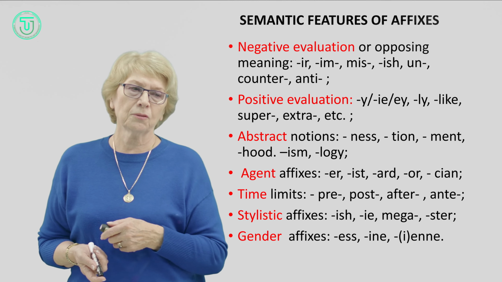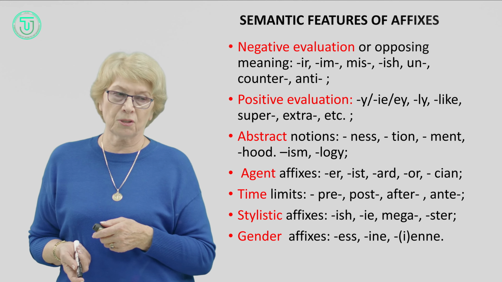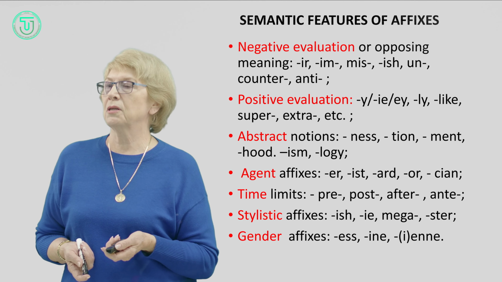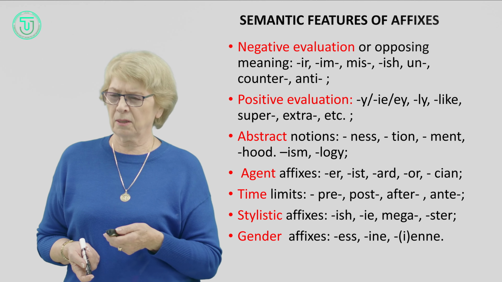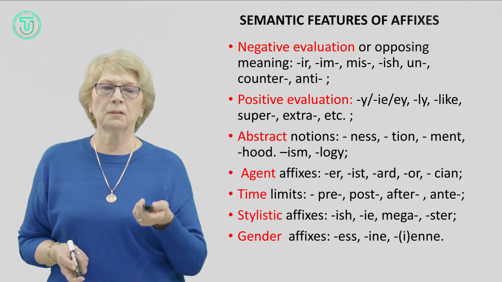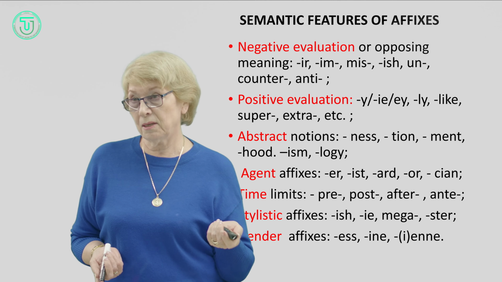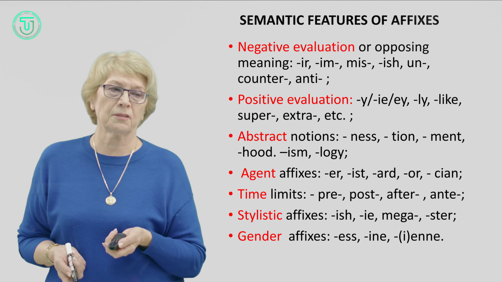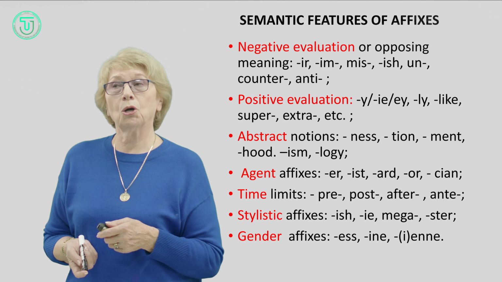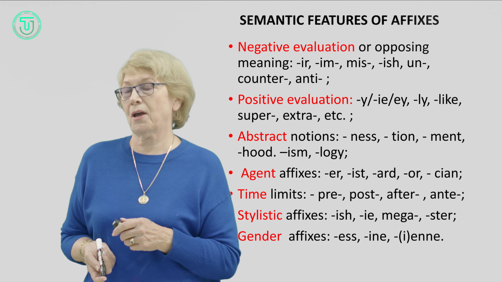Okay, and there's a number of gender affixes. So poet is masculine in gender, but poetess is feminine. So the gender affix is there. Hero is masculine, and heroine is already feminine.